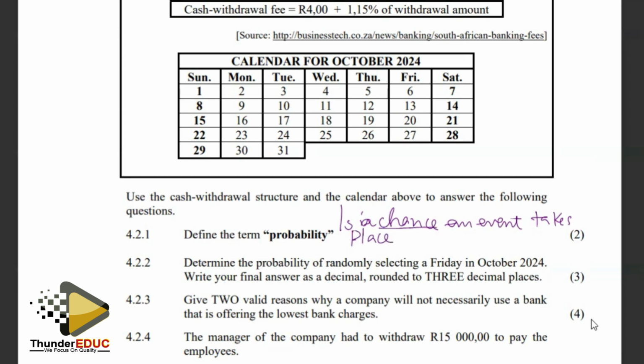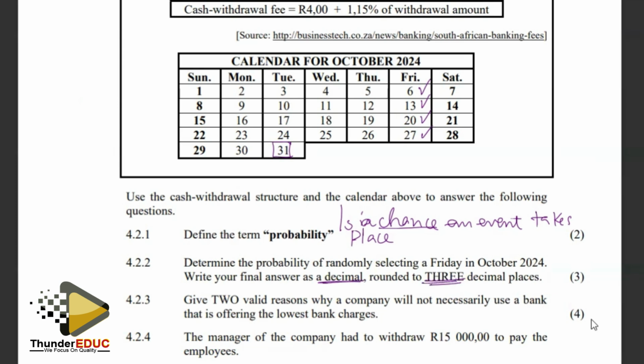Determine the probability of randomly selecting a Friday in October. Ask yourself, how many Fridays were there in October? You have 1, 2, 3, and 4. Out of how many days? Out of 31 days. They're saying it should be in decimal format and rounded off to 3 decimal places.